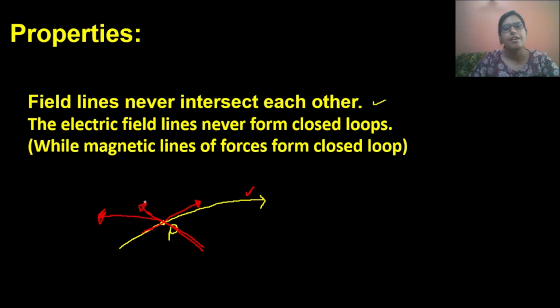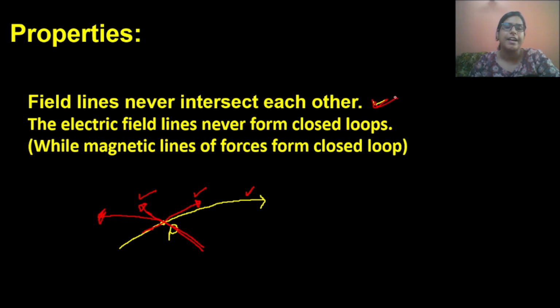So here are the two directions of the electric field at point P, one in this direction and one in this direction, which is not possible. So electric field lines never intersect each other.